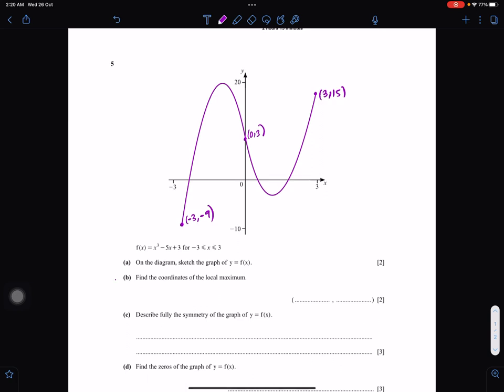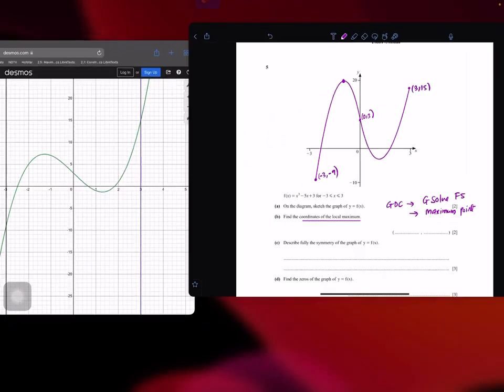Now part B is asking you about the coordinates of the local maximum point. On your GDC, go to G-Solve, which is F5, and look for the maximum point. It will give you this maximum point.